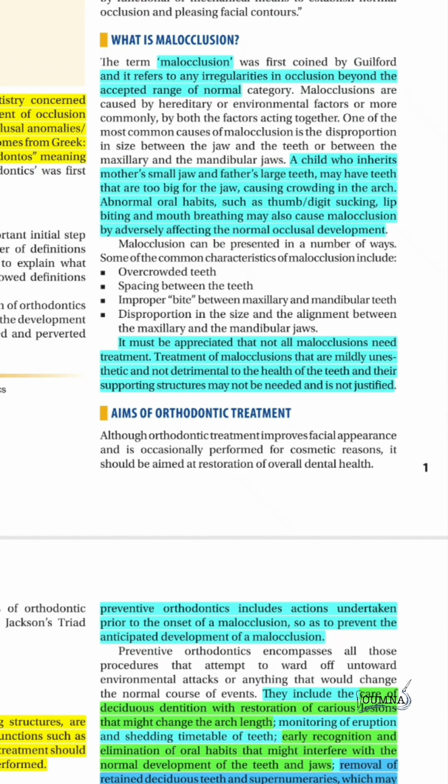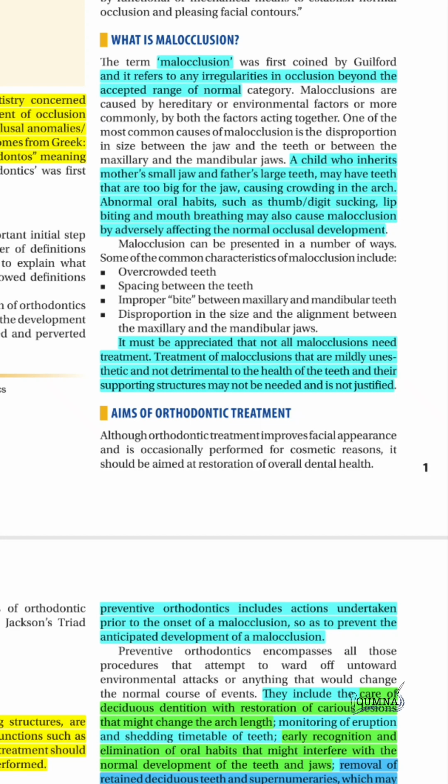For example, if a child inherited a mother's small jaw and father's large teeth, they may develop crowding in the arch, or they may develop environmental oral habits like thumb or digit sucking, lip biting, and mouth breathing. And from what we have said, we can define malocclusion as any irregularities in occlusion beyond the accepted range of normal.